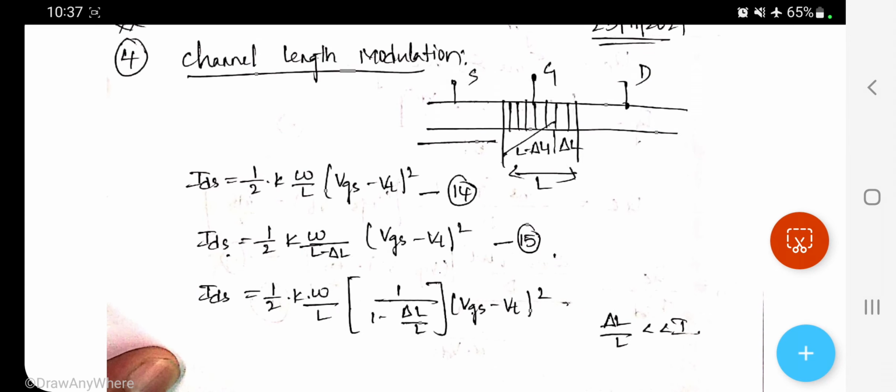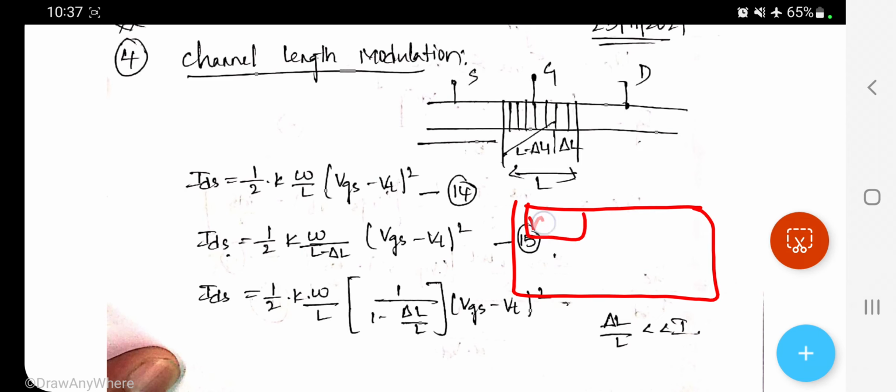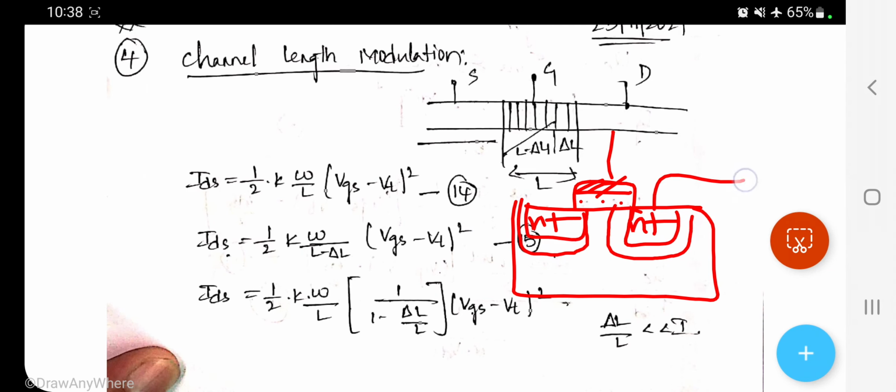And here, channel length modulation. What is channel length modulation? Here we have N plus, and here we have N plus, and here we have the thin oxide gate, that is polysilicon. Here we have the depletion region, here also we have the depletion region. Here we are applying VDS.